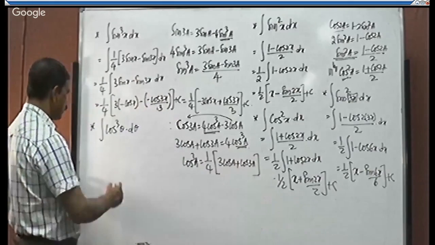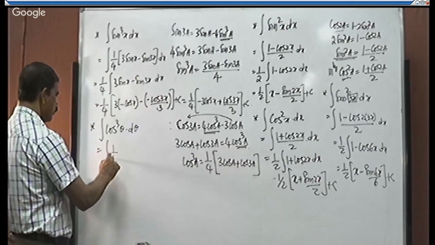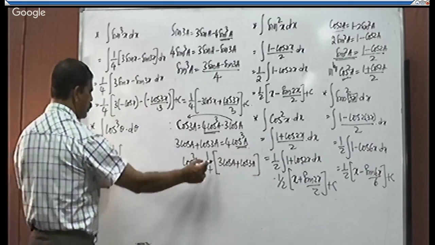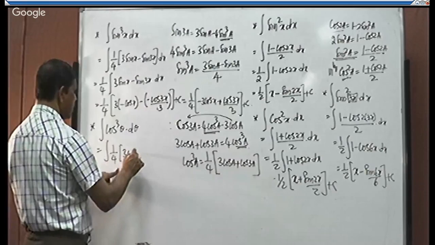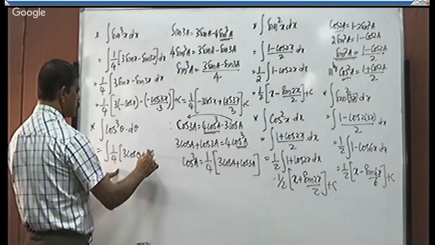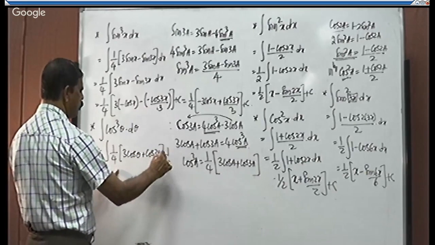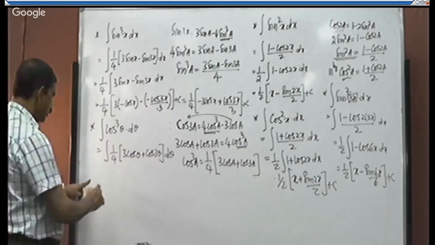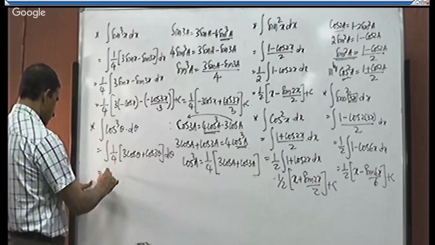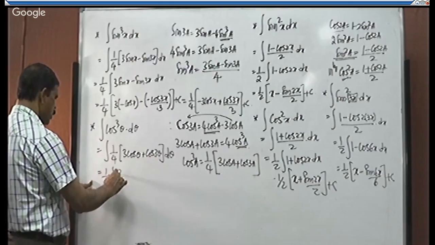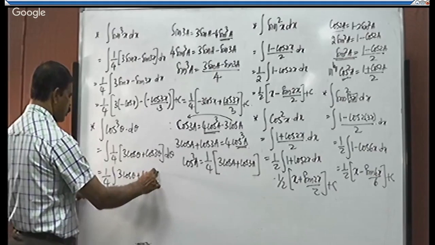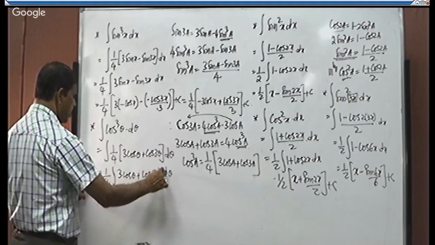Just replace that: cos cube theta is equal to 1 by 4 into 3 cos theta plus cos 3 theta into d theta. Now this is equal to 1 by 4 into 3 cos theta plus cos 3 theta into d theta, correct?